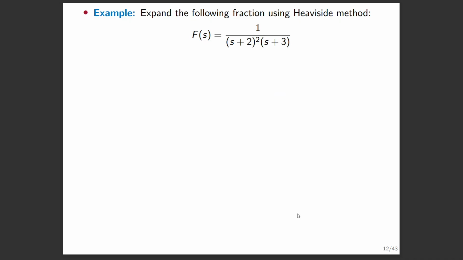Let's see an example. I think an example would really help. I want to break this fraction into pieces using the Heaviside method. I'm going to have a term with s plus 3, which I want to find the numerator of. But I have a term here which has a power of 2.